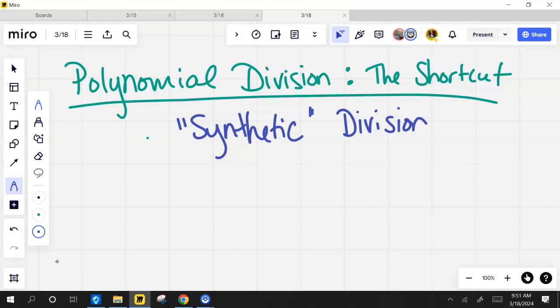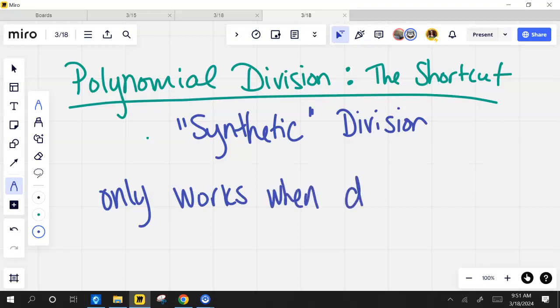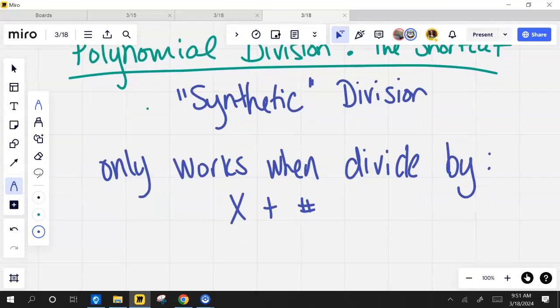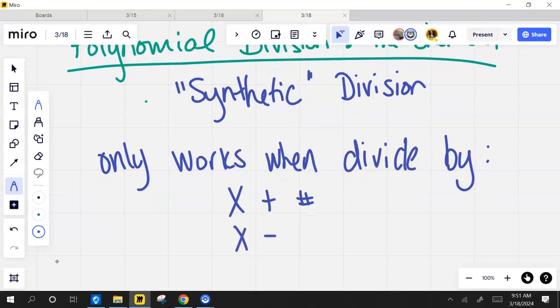So, when does it work? It only works when you divide a polynomial by either x plus some number or x minus some number, okay?